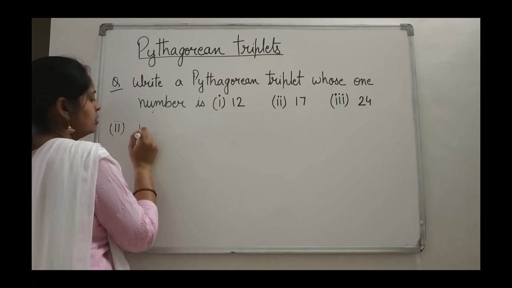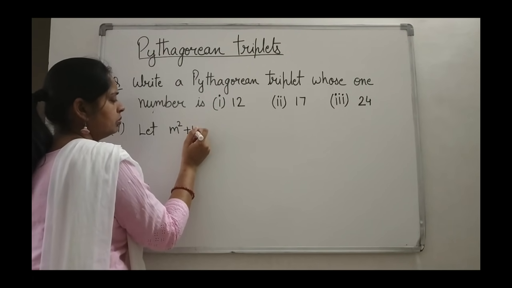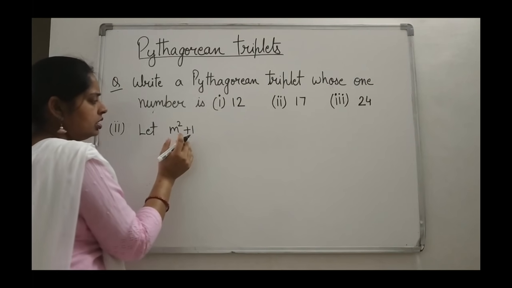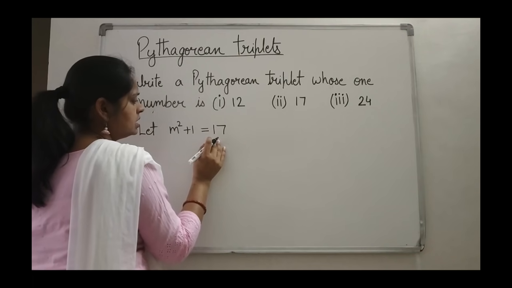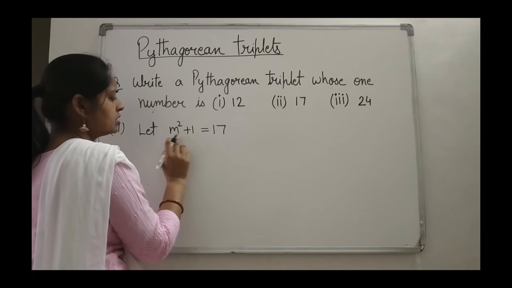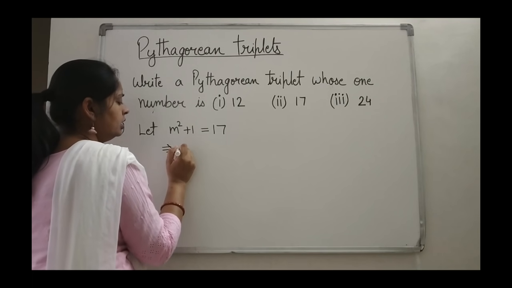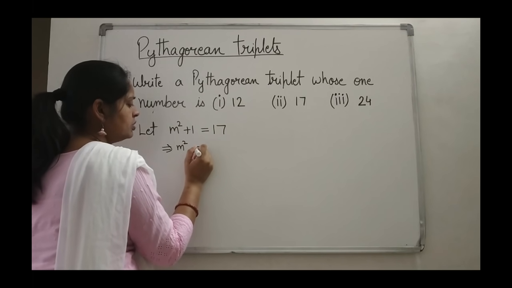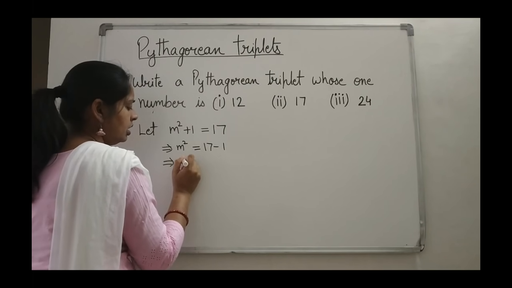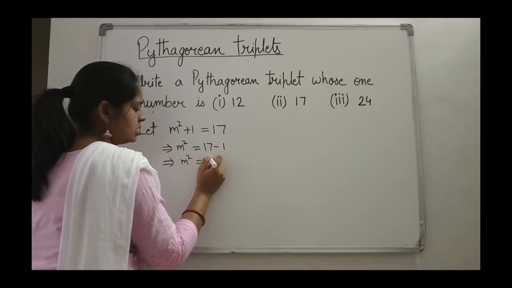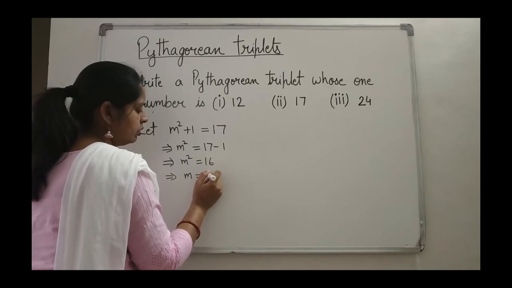So I suppose m square plus 1 equal to 17, because this is a successor. From here, I'll get the value for m. M square is equal to 17 minus 1, that is 16. M square is 16, so the value for m is 4.